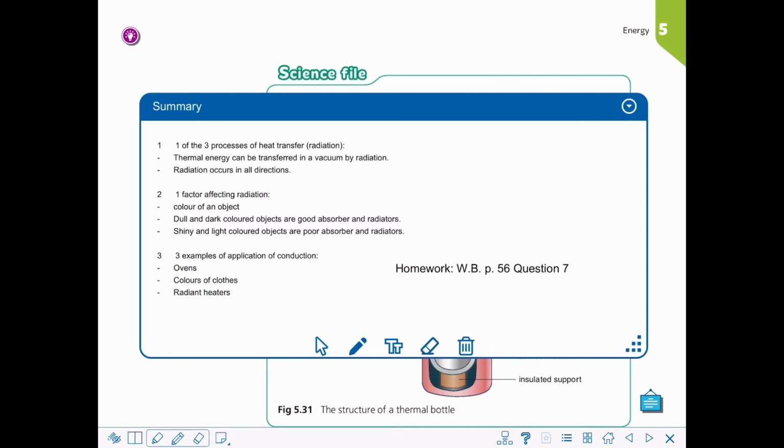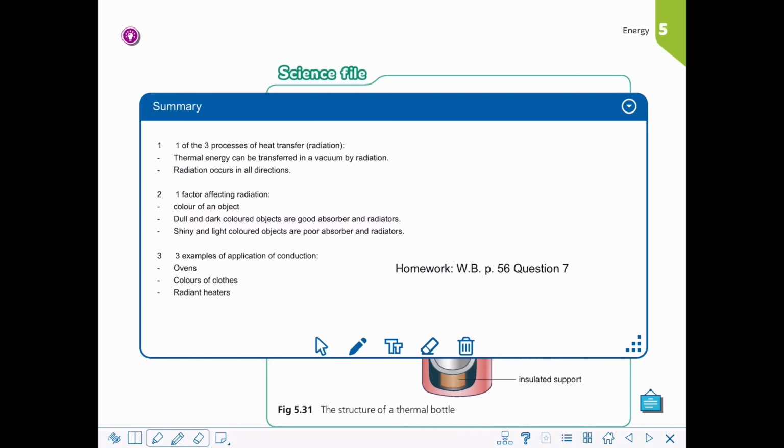Dull and dark colored objects are good absorbers and radiators. Shiny and light colored objects are poor absorbers and radiators. We have also learned 3 examples of application of radiation: ovens, colors of clothes, radiant heaters.